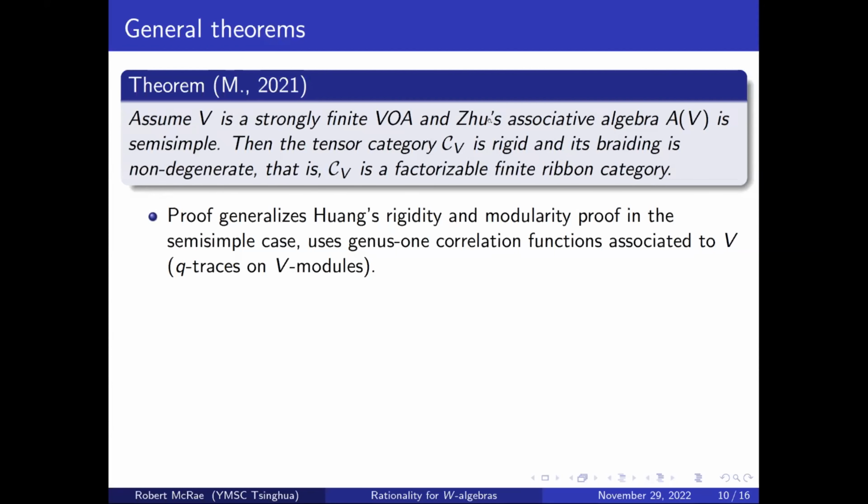And maybe I should remind you that the conjecture is that one shouldn't need the assumption that the dual algebra is semisimple to get this result. The conjecture is that if V is strongly finite, then this category is a factorizable ribbon category. But unfortunately, some technical difficulties prevent us from proving this general conjecture so far.